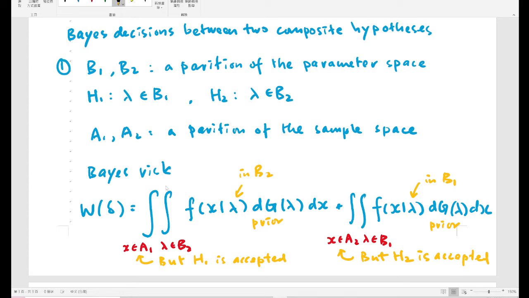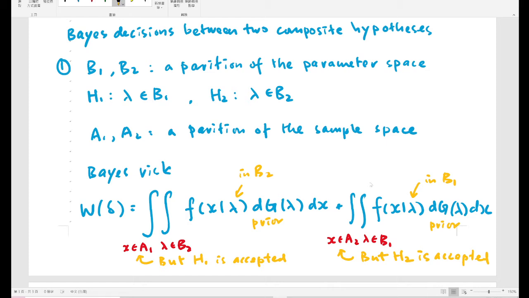The inner integral means the total probability of lambda in B2. So it is an integral of the conditional likelihood over the value of lambda in B2. The integral is with respect to the pi g. And then we take another integral over the value of x in A1. So the whole double integral is the cost of making a mistake when we accept H1.